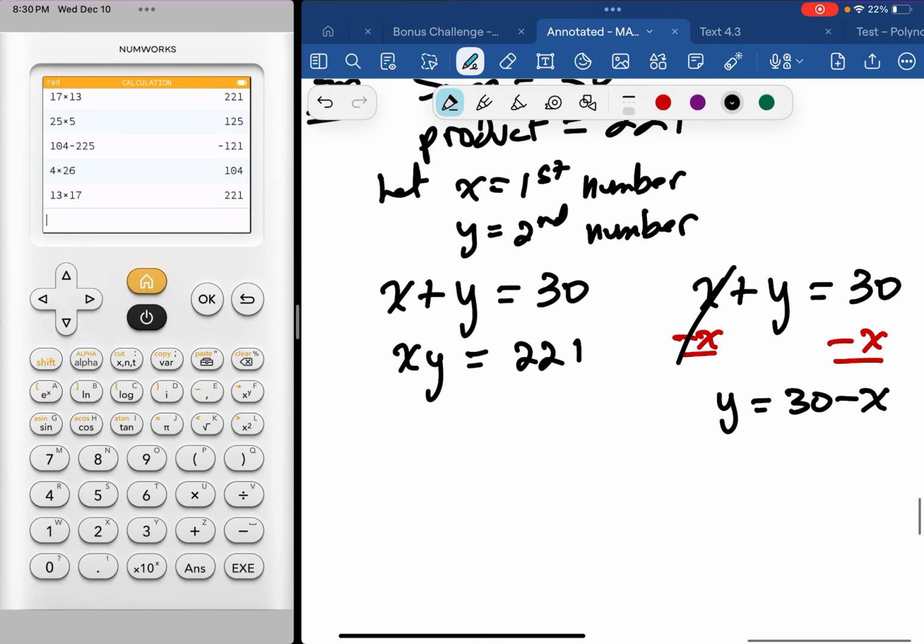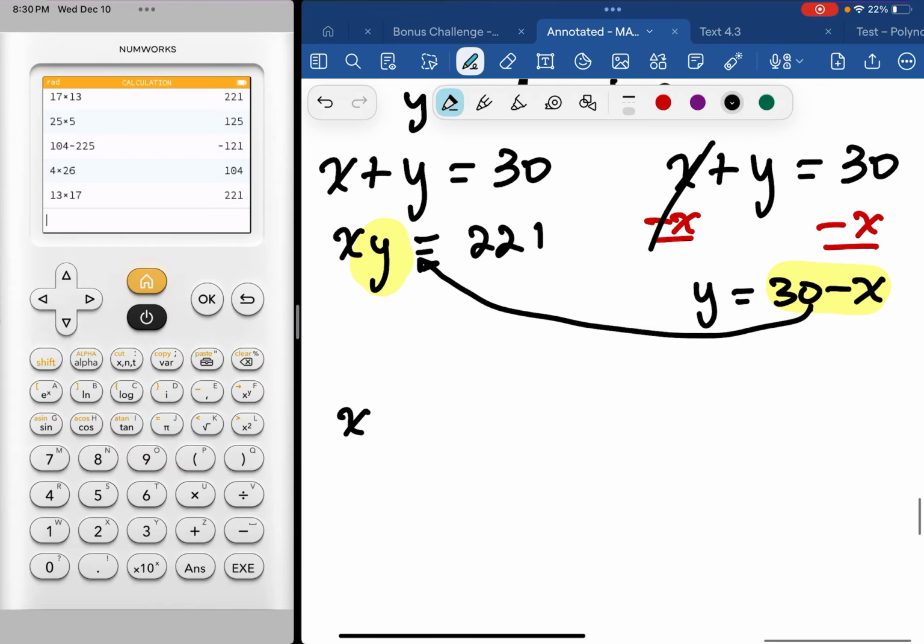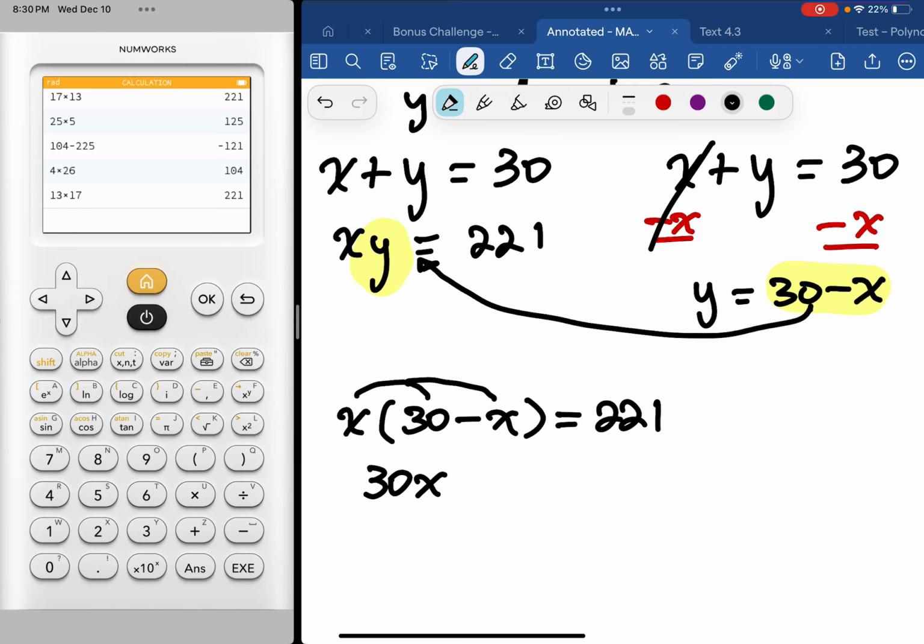I can now replace the y in my other equation with what I now know it to be as 30 minus x. So x times 30 minus x equals 221. All right. Then I would distribute it out. So I'm going to take that x and multiply it by each term here. So 30x minus x squared equals 221. I'm going to subtract over the 221.